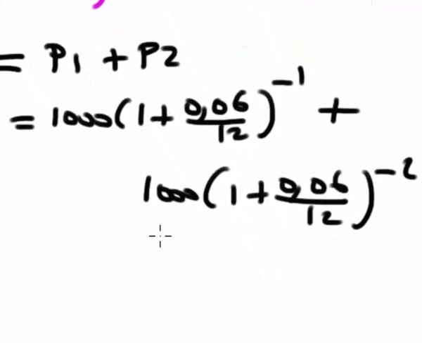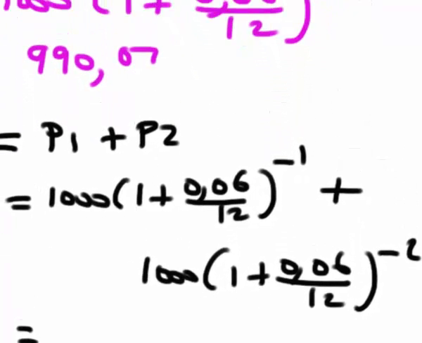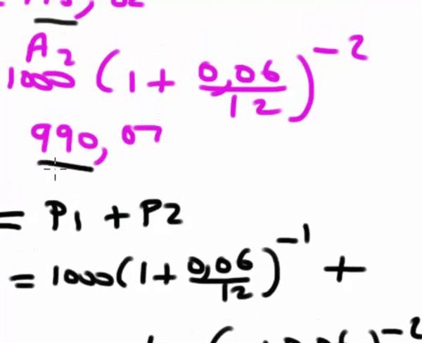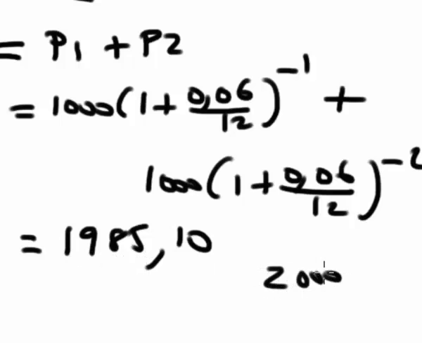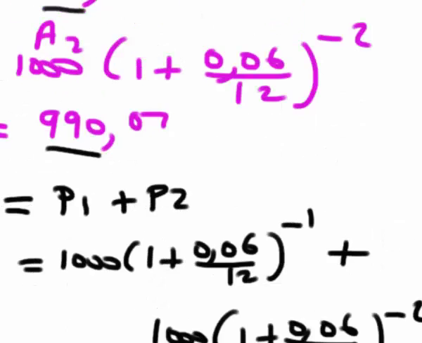If you add up these 2, you're going to get 1,985,10. So the total money borrowed was 1,985, and you repay 2,000 Rand over 2 payments with all the interest added in.